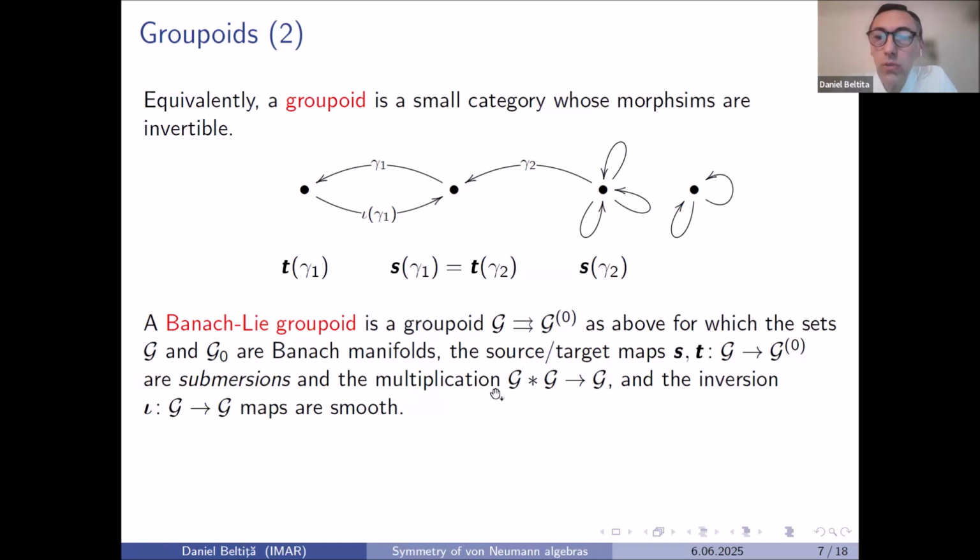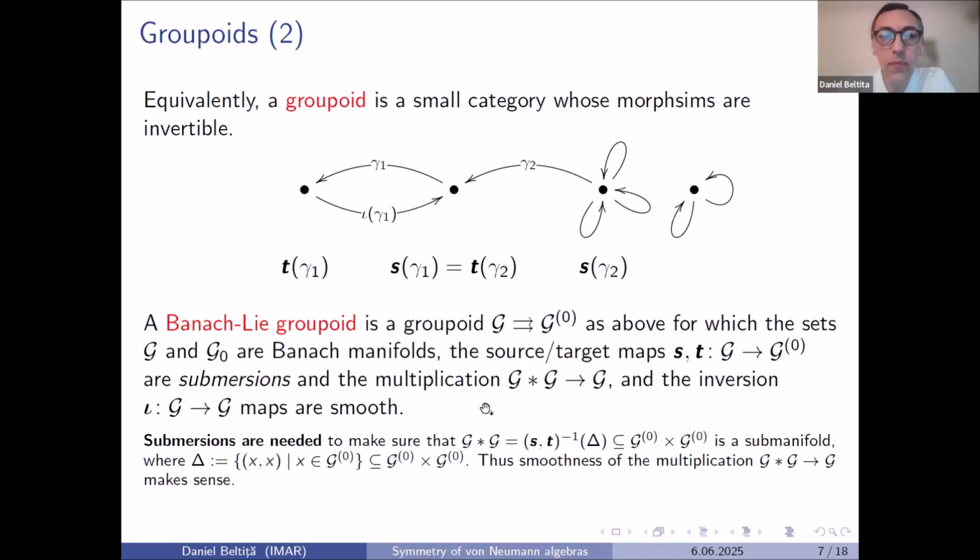Why? Because we need to make sure that the domain of the multiplication is a smooth manifold. We could require that it is a smooth manifold and give up the idea of submersions, but this can create some problems when we perform operations with the groupoids. We prefer to know from the beginning that this is smooth, from another source, not by hypothesis.